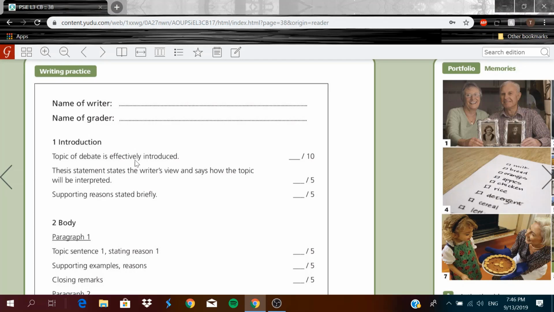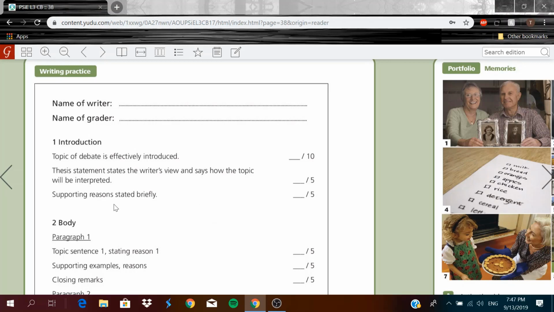So you'll take a look at 1, introduction. Is the topic of debate effectively introduced in your essay? And you give that a rating out of 10. Is the thesis statement stating the writer's view and saying how the topic will be interpreted? I always have a problem with that word. That's out of 5, and you'll go on and on.